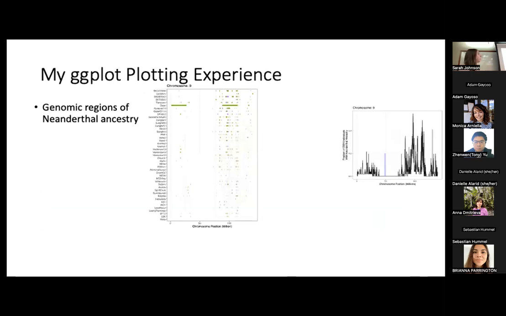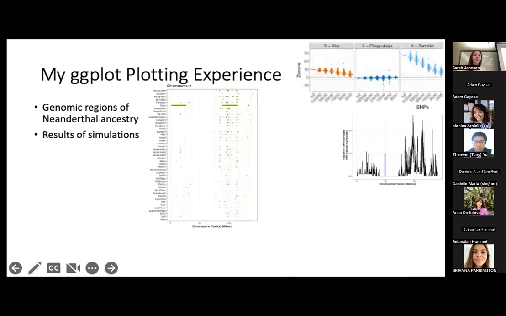I wanted to show a few examples of plots that I have made in my time, and all of them have been made in ggplot. Not so you understand all these plots, but to show you the different ways that you can plot and visualize things, and the different areas that I've plotted, to maybe help you think of ways this could apply to your own research. One thing I've done is look for Neanderthal ancestry within the genome, and you can visualize it across samples, or across the length of the genome.